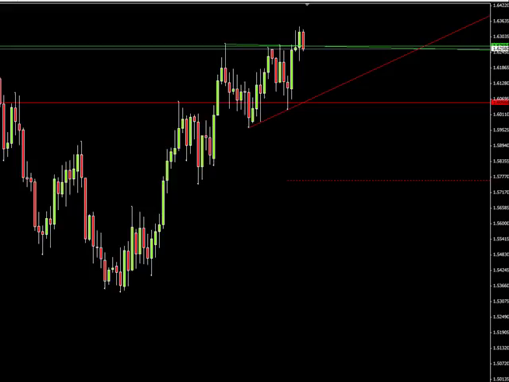I actually think the pound dollar is going to come back down to those levels, based on this, because you've got an area of previous support there. So yeah, pound dollar down to around 161.